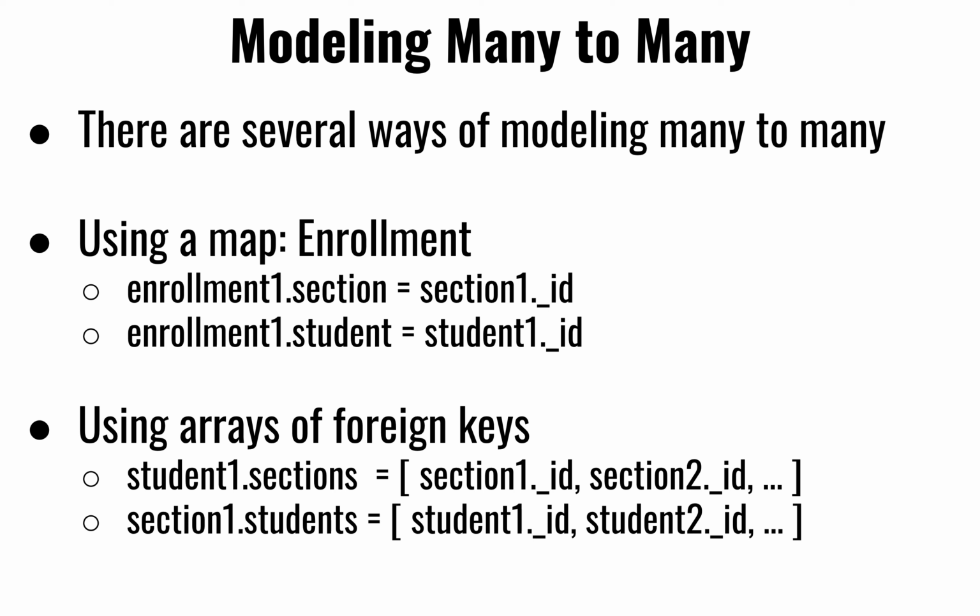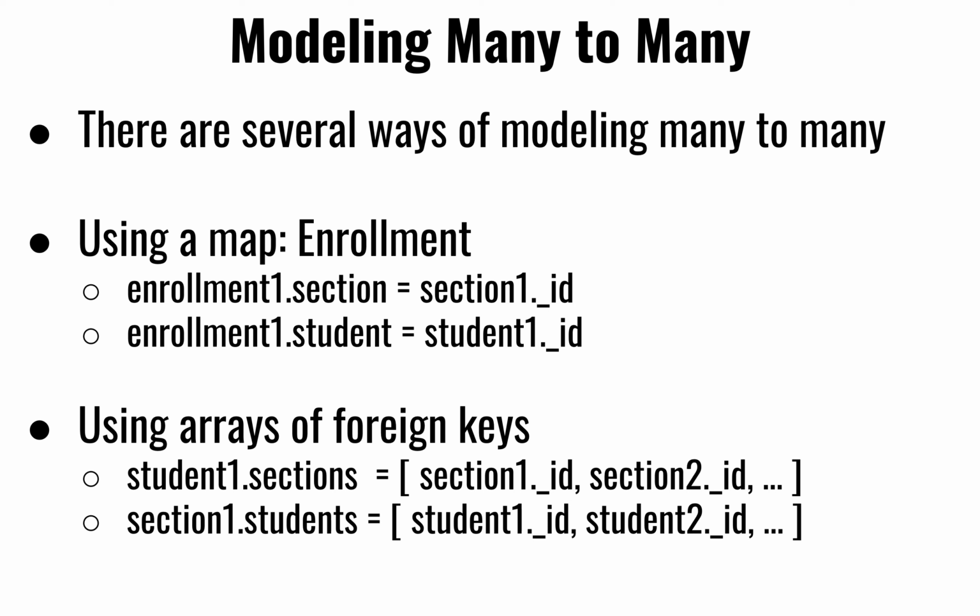Or the alternative here is to not even have the enrollment table, or the enrollment collection. Instead, the student's sections can be an array, and that array can have all the primary keys of the sections that particular student is enrolled in.